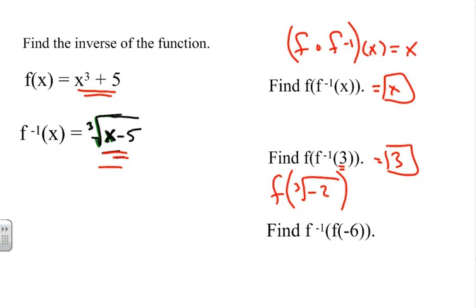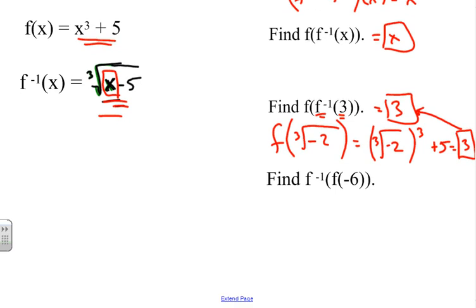So I plugged it into the inverse first, and then I take the cube root of negative 2 and cube it, which gives me negative 2 plus 5, which gives me 3. So I verified what we knew about these inverses.